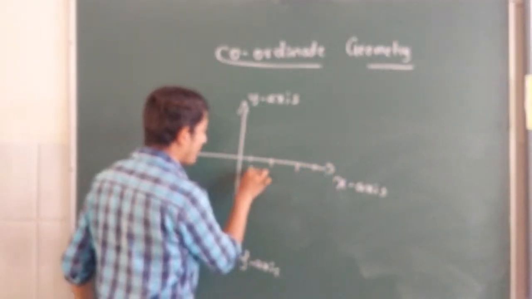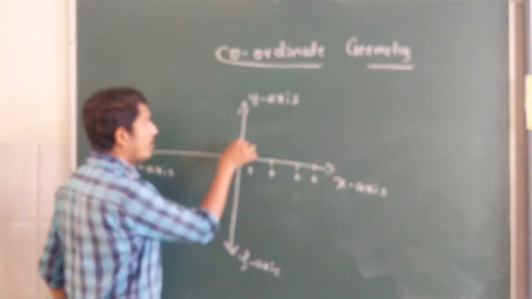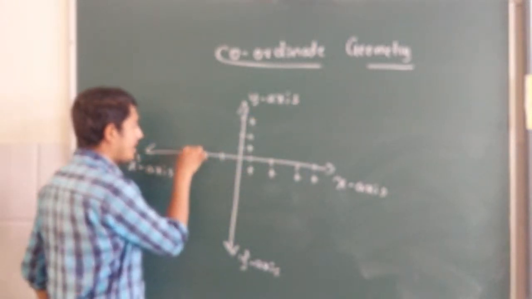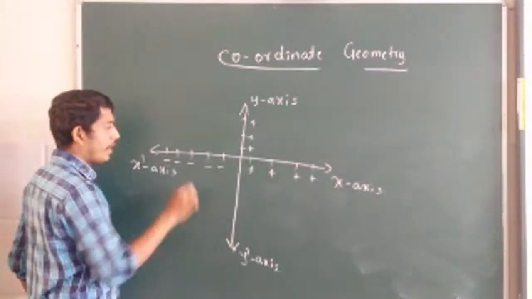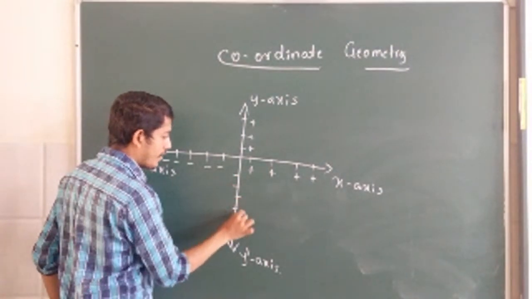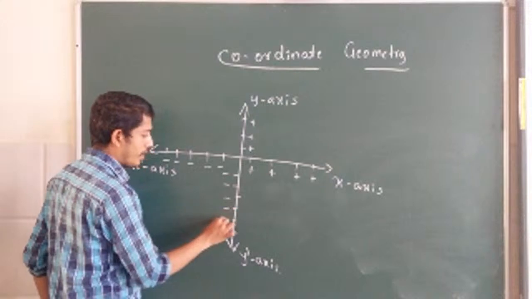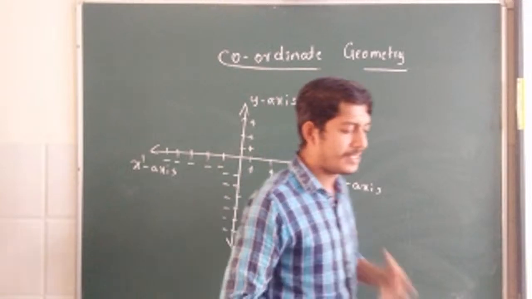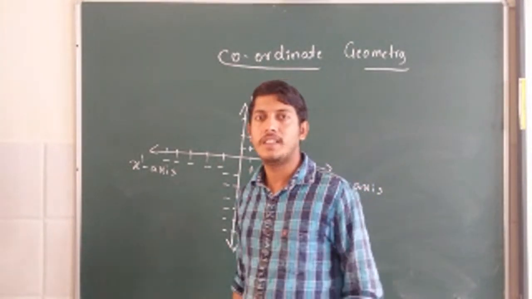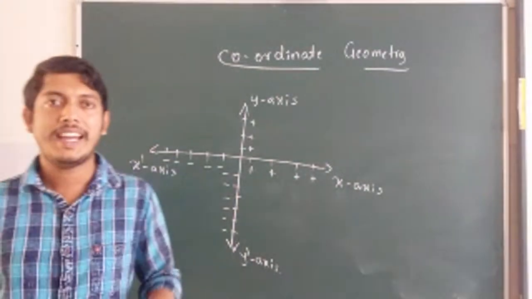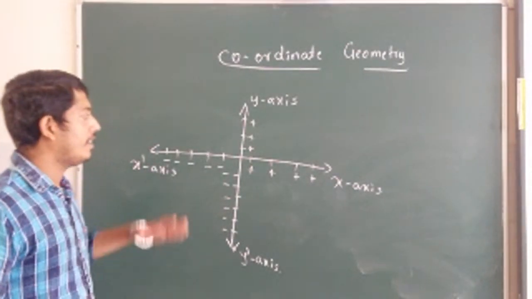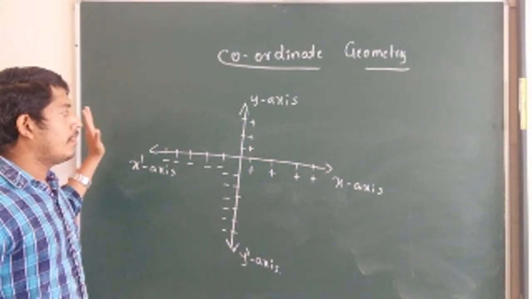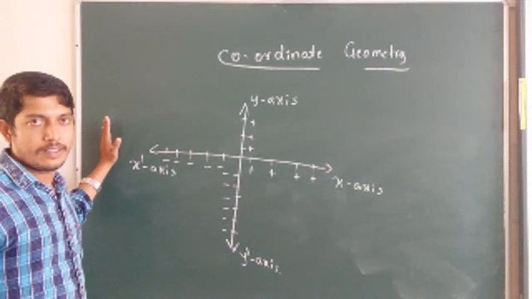If you consider the points here, all the points in the x-axis and y-axis have positive values, and in the x-dash axis and y-dash axis all the points have negative values. Now, axes means it consists of the x-axis as well as the y-axis, and these axes form four quadrants.